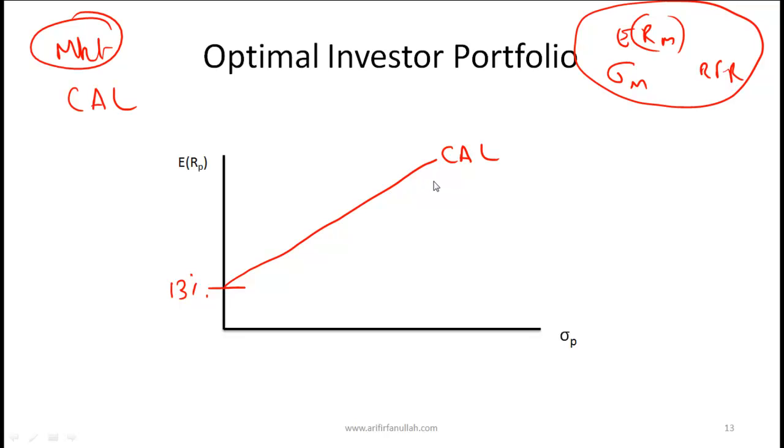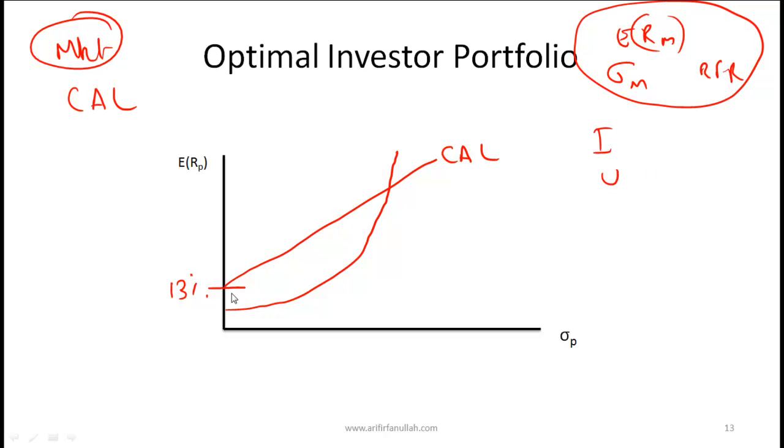Now for a given investor, we also want to plot the indifference curves or the utility curves. So let's go back to investor B. If we plot the utility curves, remember they look something like this. So this is one curve, or let me just call them the indifference curves. I am switching between the two terms because both the curriculum and most study notes interchangeably refer to these curves as either the indifference curves or the utility curves.